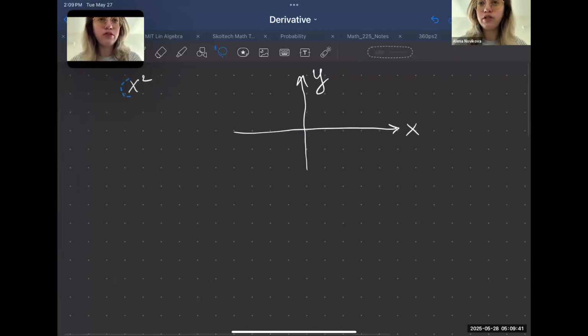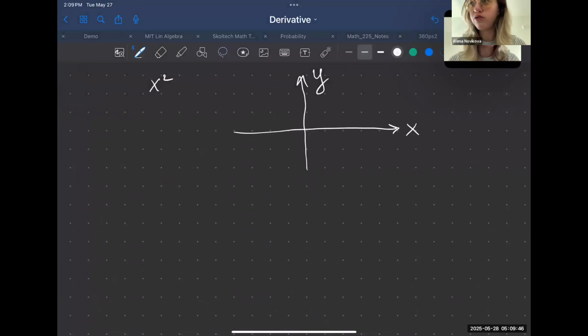Now, in order to compute x squared, first you take a value for x, which falls on the x-axis, and then x squared is the output that you get by passing the input value through this function.